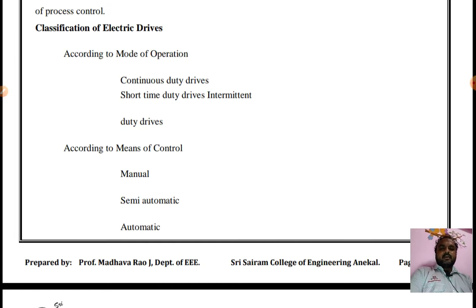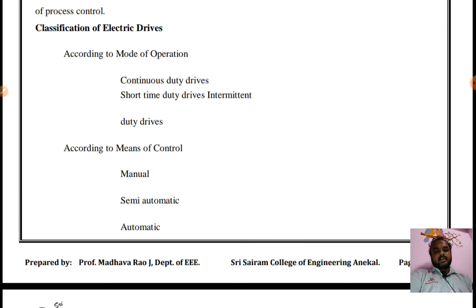According to means of control: manual, semi-automatic, automatic. Manual means we have to go and operate it. Semi-automatic means it operates both automatically and manually; it automatically varies with changes in temperature, pressure, humidity or moisture.